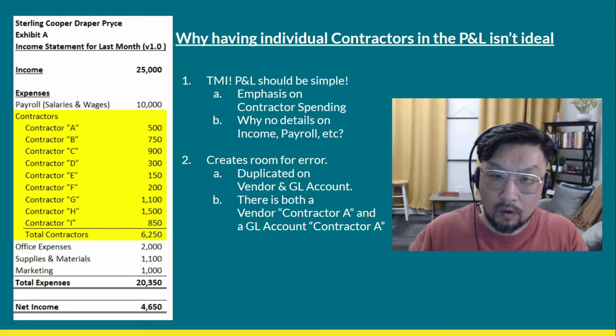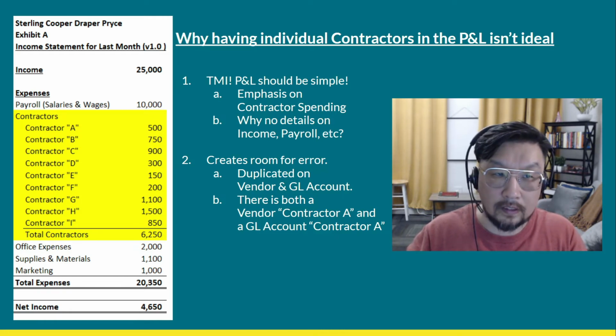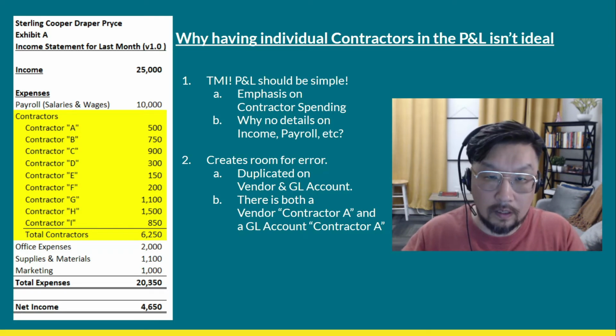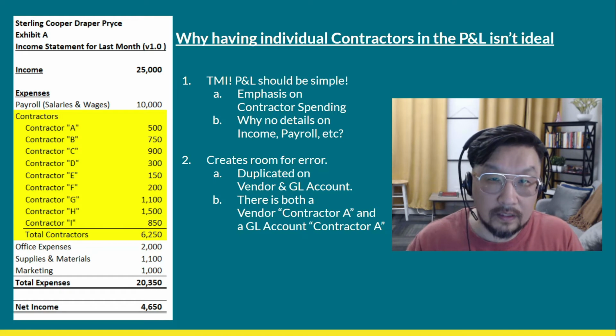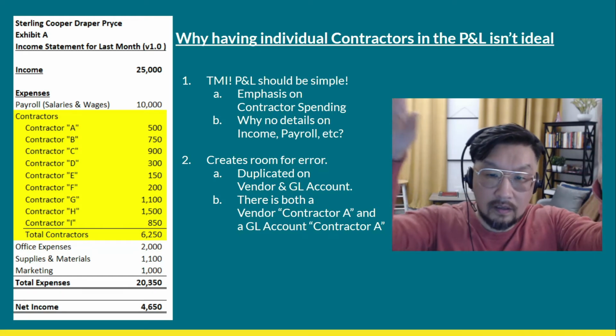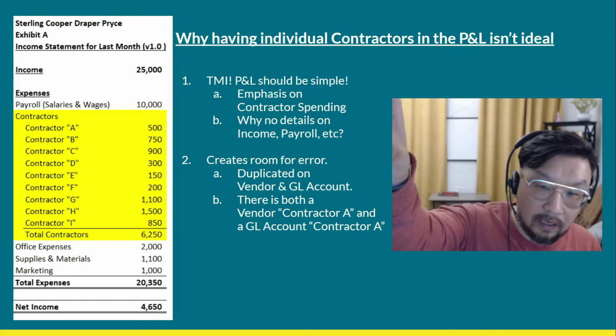Some poor bookkeeper, accountant, office admin, office assistant, or even the business owner themselves has to maintain this identical list in two different places, duplicated on the vendor and on the GL account. There's both a vendor contractor A and a GL account contractor A.